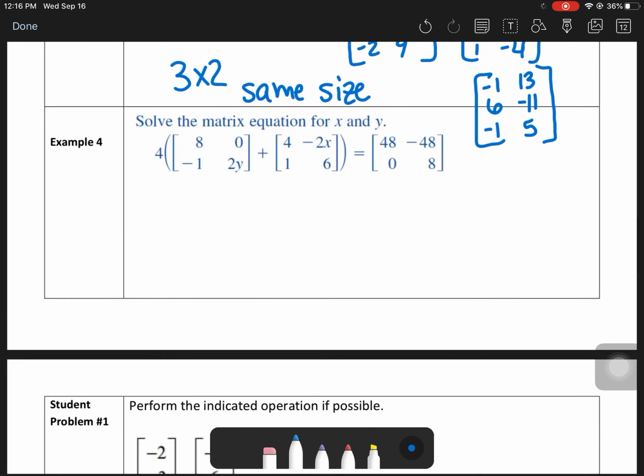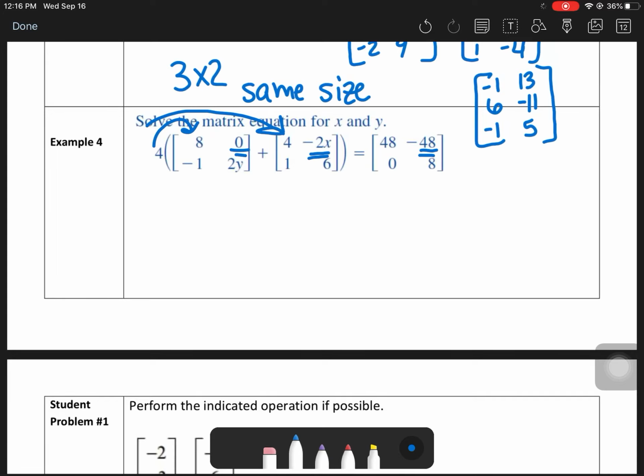In the next example, we want to solve an equation. The first thing we're going to do is make sure that we understand that we have to multiply 4 times each of these. But I only want to solve for where the x is, and the x is in the upper right-hand corner.